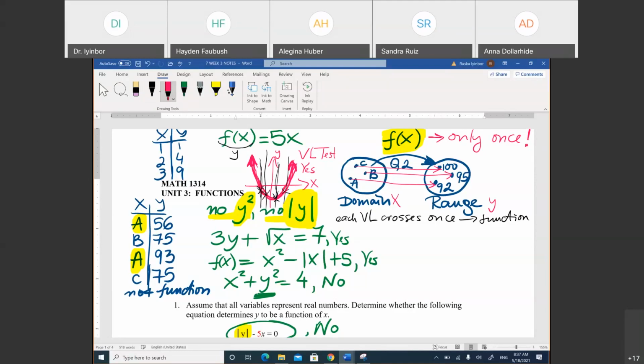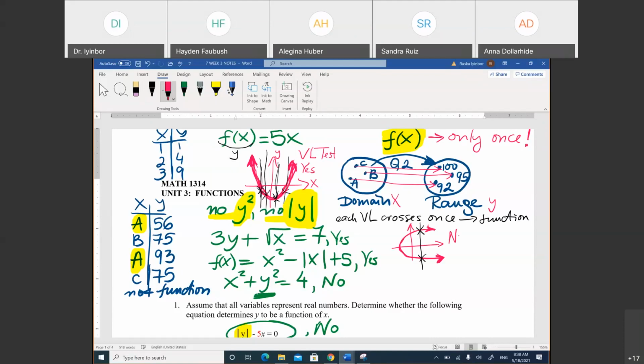Okay, let me give you another. We talked about the equation of a circle, right? So let's do this one. I have my x-axis and y-axis here, and let's say this graph. So this is my graph, right? Is it a function or not a function? You have a vertical line. How many times? Twice. So if you have at least one vertical line which crosses twice, what is it?